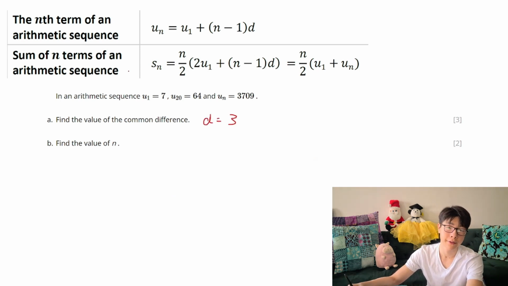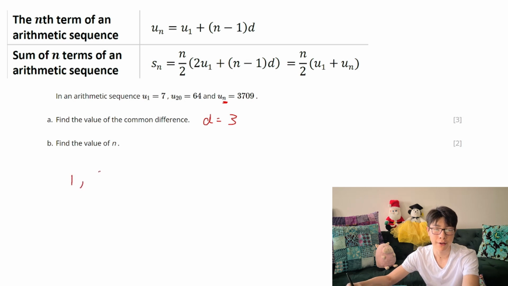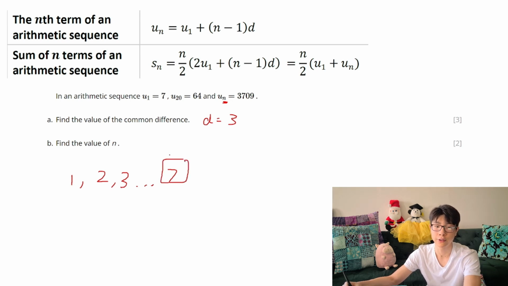So part B, find the value of n, and n being this n here. Okay, so this is a little bit of a different question. We are given un in this case. Okay, we're given the nth term. So for example, if we have a sequence 1, 2, 3, and then we have 7. We know 7 is one of the terms in the sequence, but we don't know which term it is.